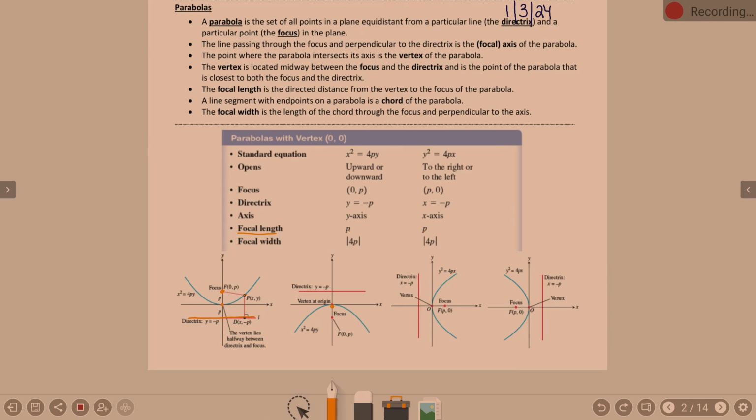So I realized after I used these specific diagrams, the focal width is not drawn in here. Your focal width is a chord that goes through the focus from one side of the parabola to the other side of the parabola. That right there is your focal width. It goes clear across your parabola and goes through that focus.